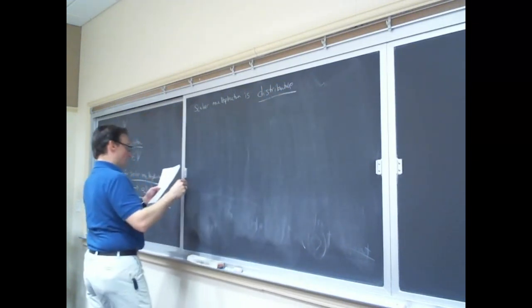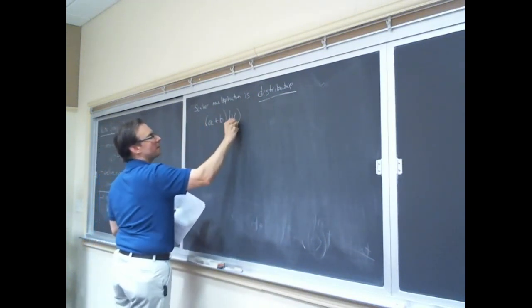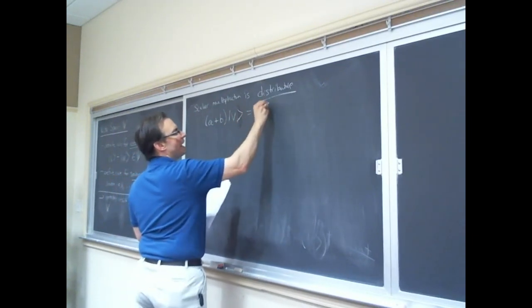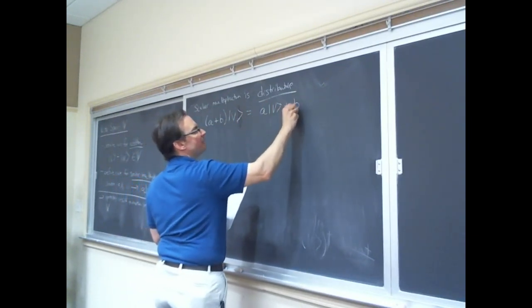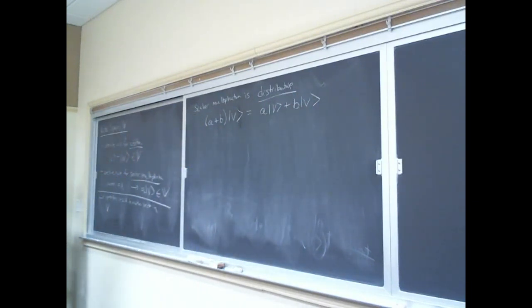In other words, (a plus b) times a ket v is a ket v plus b ket v. And again, that will give you another vector in the same space.